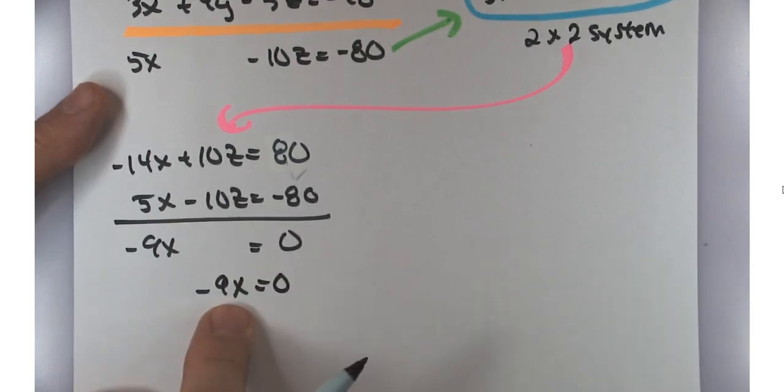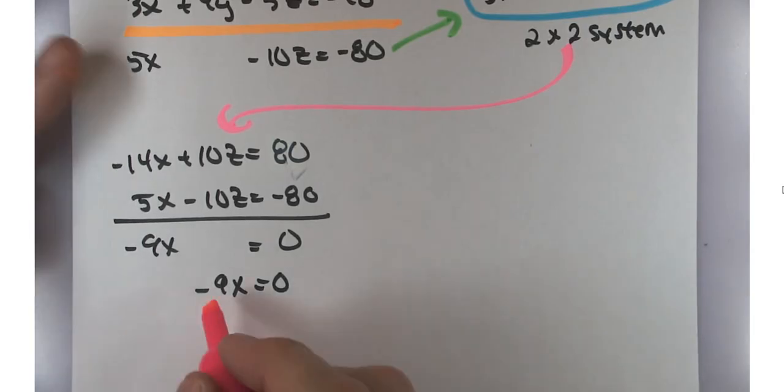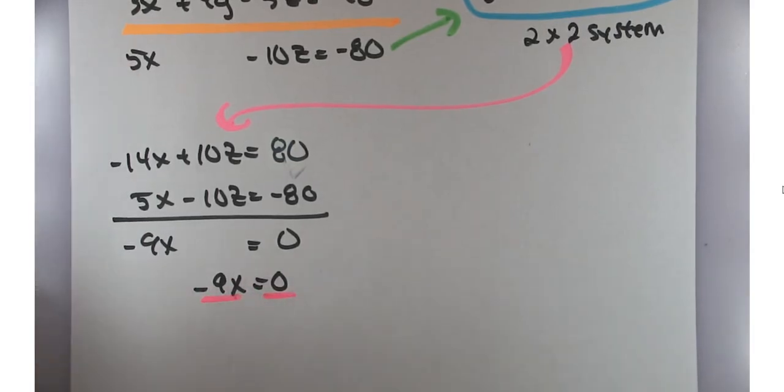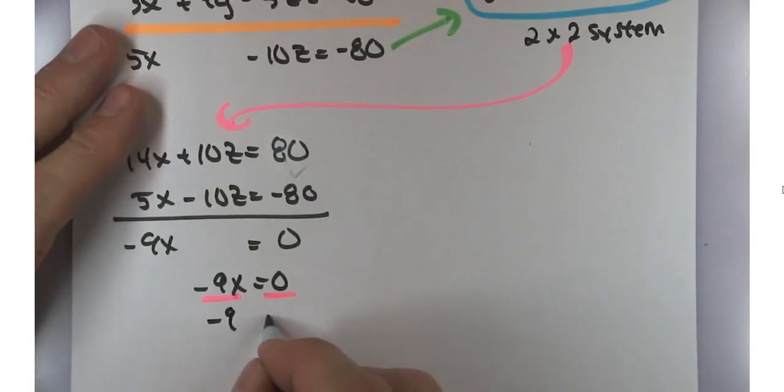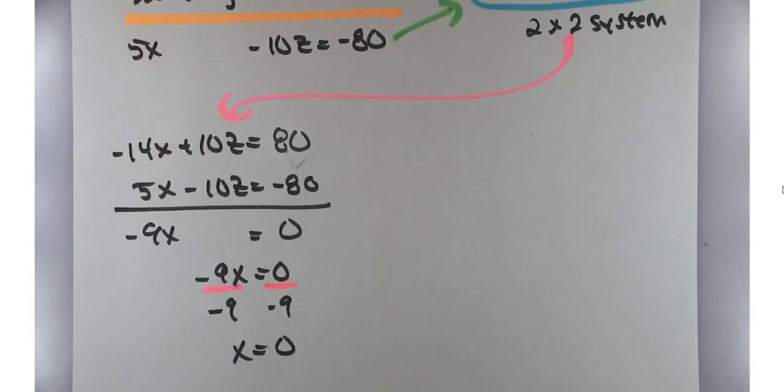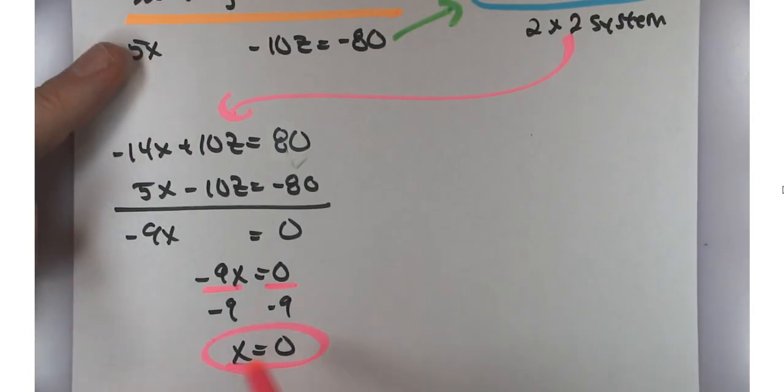Got to isolate the x. And to do that, I can divide both sides by -9. What happens when I divide 0 by -9? What do I get? 0. So x equals 0. Nothing wrong with x equals 0 as one of your solutions. Nothing wrong with that at all.